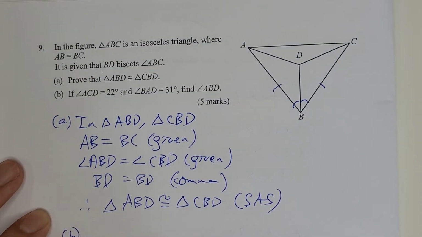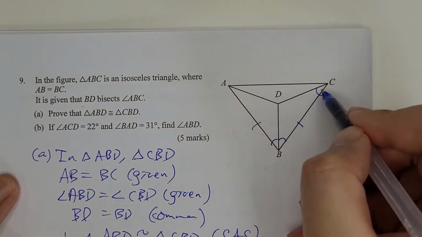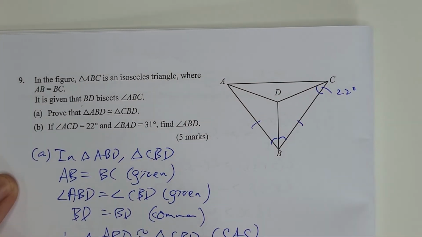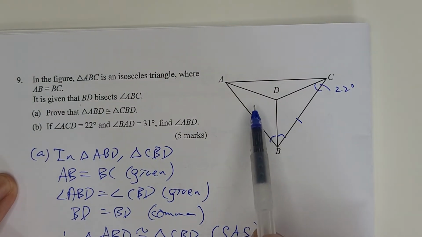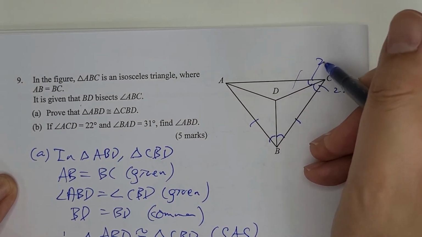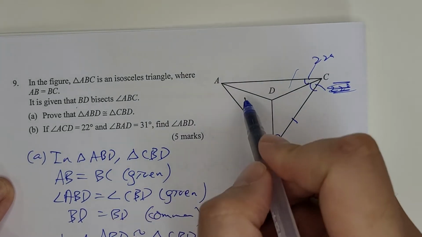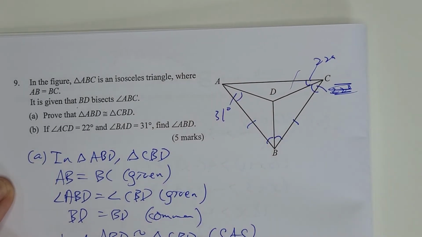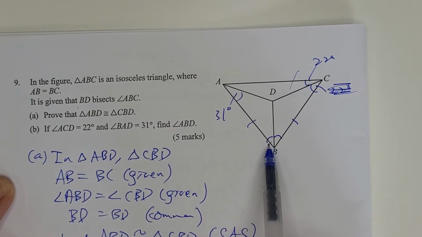Part B, angle ACD is 22 degrees, and angle BAD is 31 degrees.